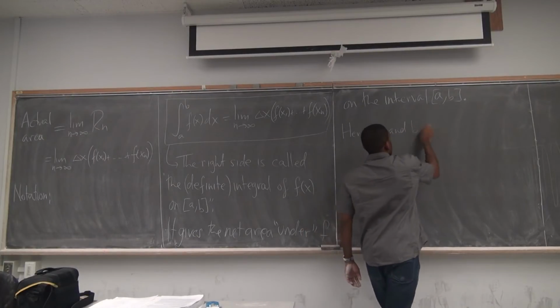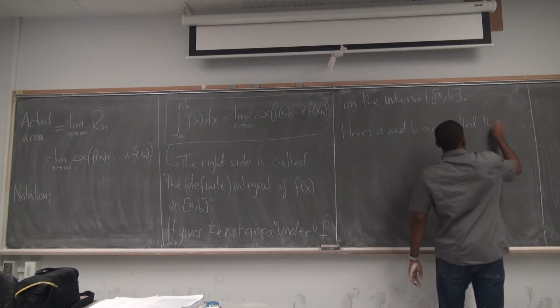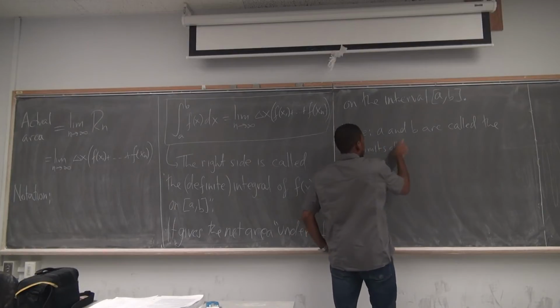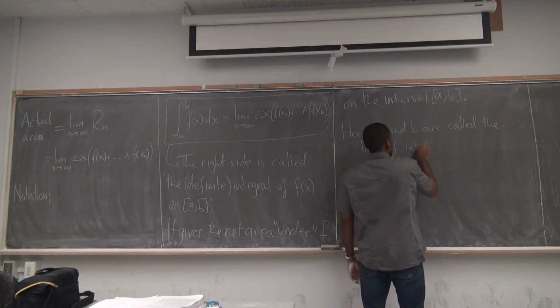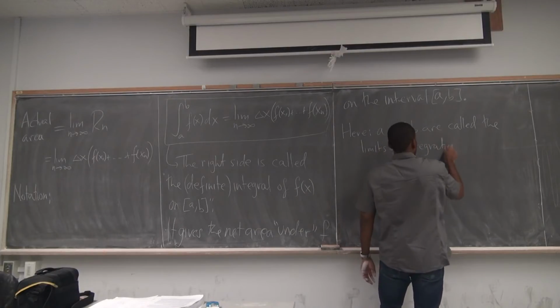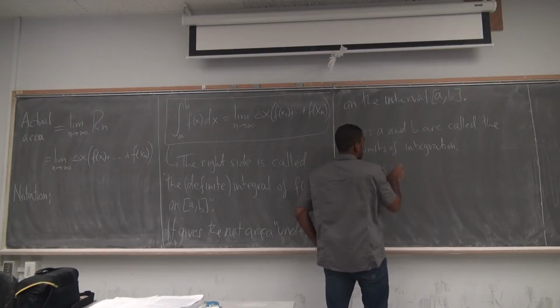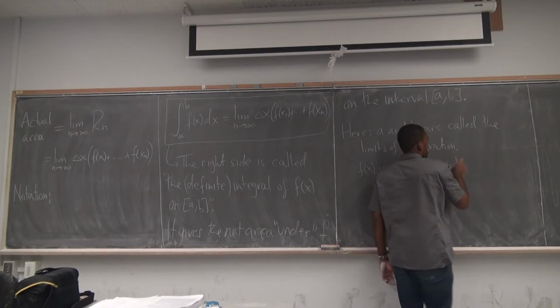Here, A and B are called the limits of the integration. F of x is called the integrand.